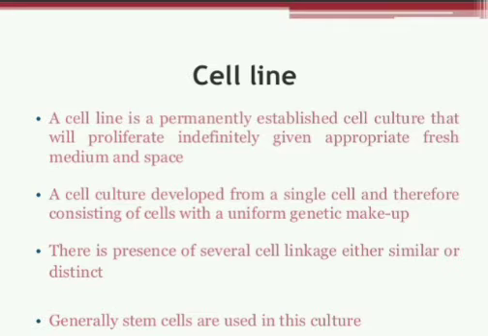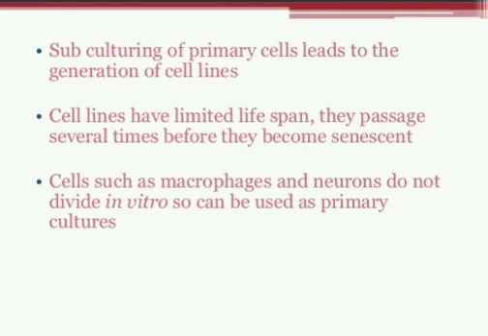So what is the continuous cell line? Most continuous cell lines grow for a limited number of generations, after which they cease. We grow them for a specific period of time and then they stop growing.